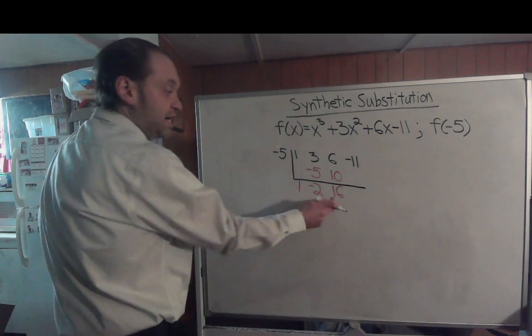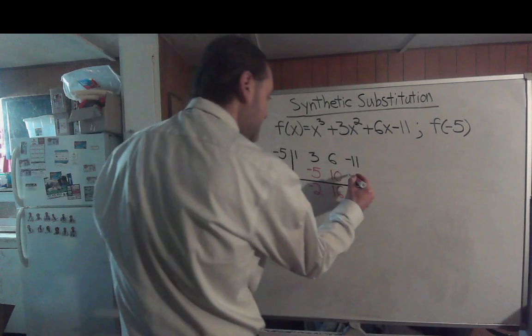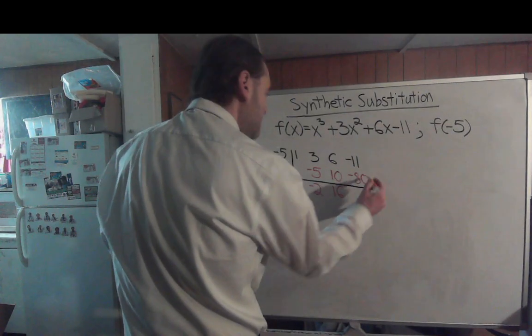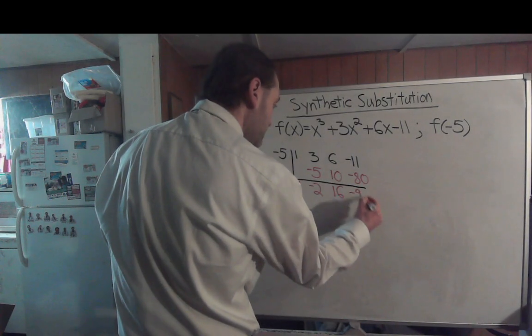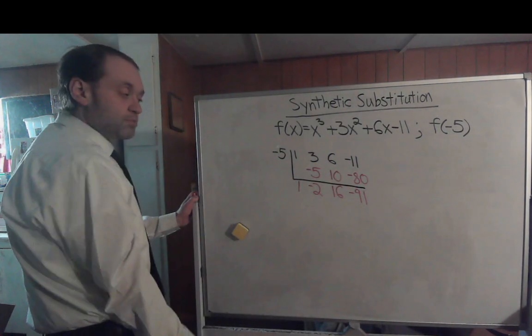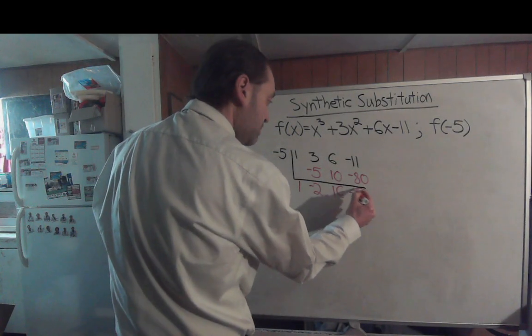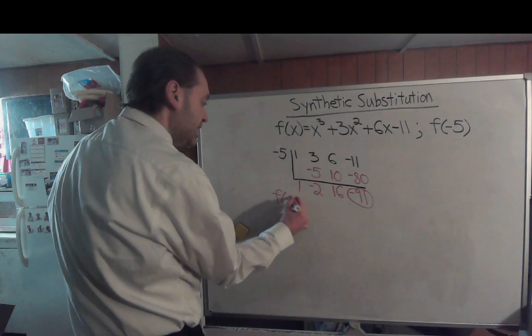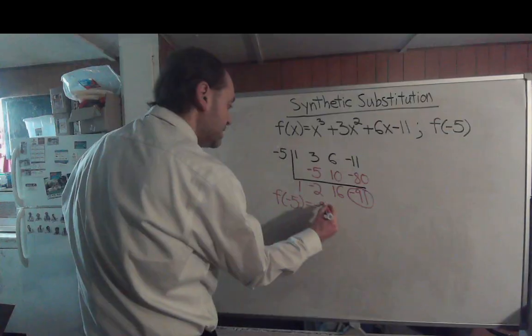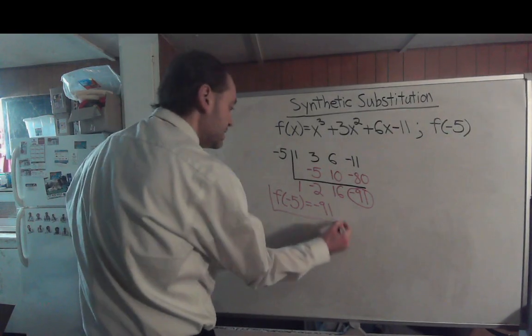What's negative 5 times 16? That'd be negative 80. Now, negative 11 plus negative 80 gives you negative 91. So that far right number you get here is that negative 91. That's what f of negative 5 is. So f of negative 5 would be equal to negative 91.